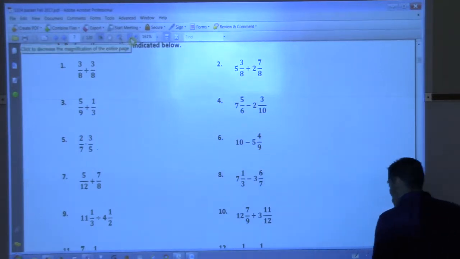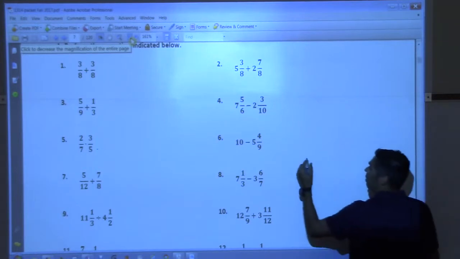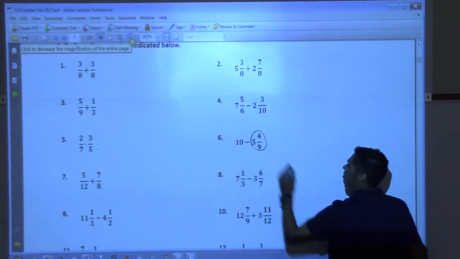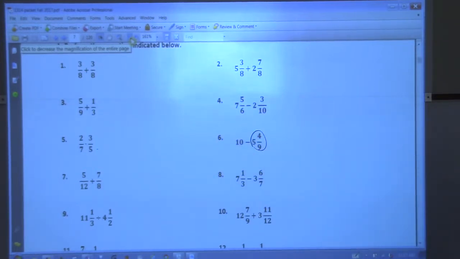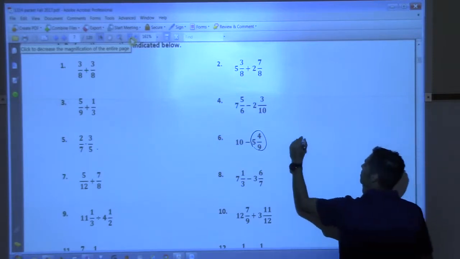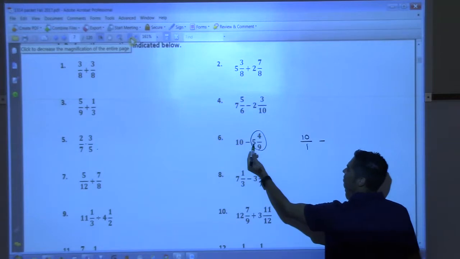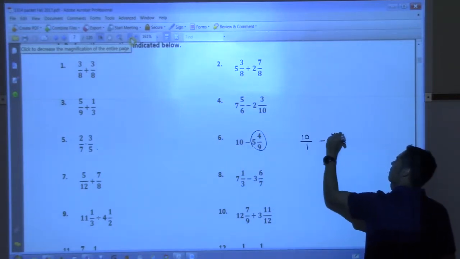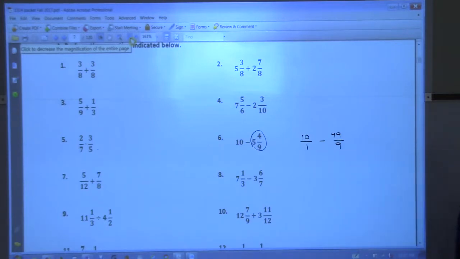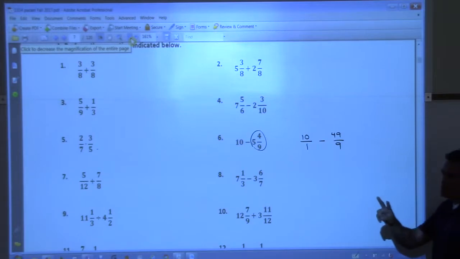Okay, so to do this one, we are going to convert this first, right? And the 10, I'm going to rewrite as 10 over 1. And then minus, now what does this turn into? 49 ninths. Like that. And then you have two options that I showed you.